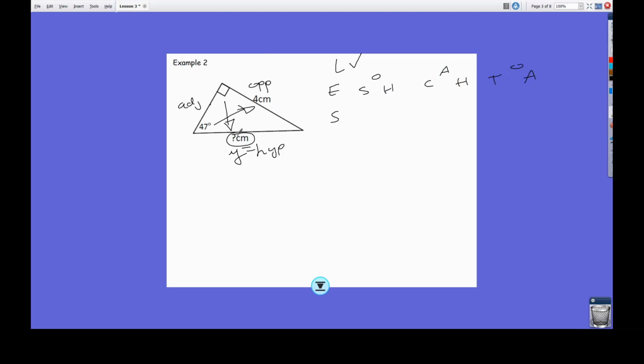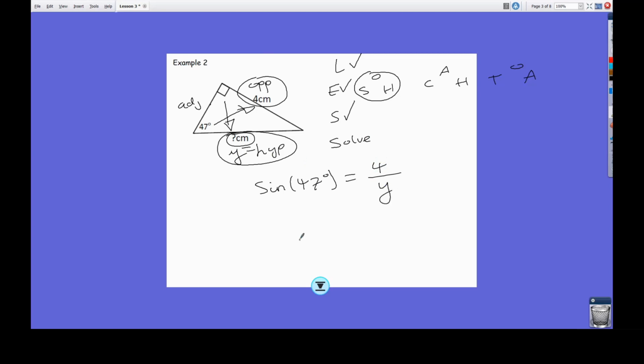So we want the hypotenuse, and I have the opposite. So that means I'm going to use sine. So I've selected my equation. Now we're going to write the equation down and solve it. So we have sine of 47 degrees is equal to opposite, which is 4, over the hypotenuse, which I have called y, the question mark, which I don't yet know.